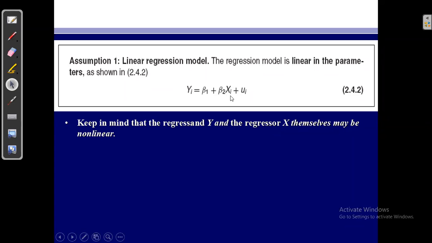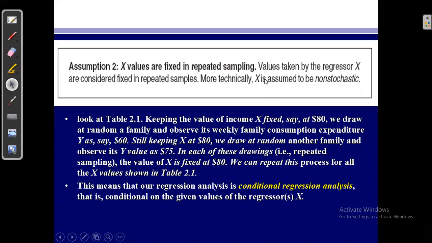Whether x, the explanatory variable, also comes with a power of 1 or not, it's not the requirement. Although if it is also with 1, that would make your model a little bit easier or simpler. But as far as the word linear regression model is concerned, the requirement is only for the parameters. So the first assumption says that the model should be linear in parameters. Every beta in your model should be occurring with a power of 1. If it is not the case, then you will be calling it a non-linear regression model.